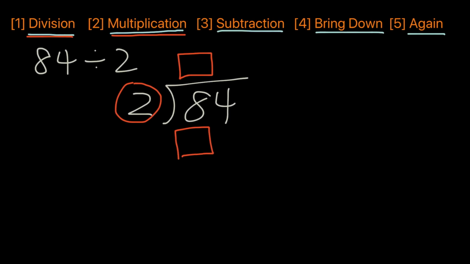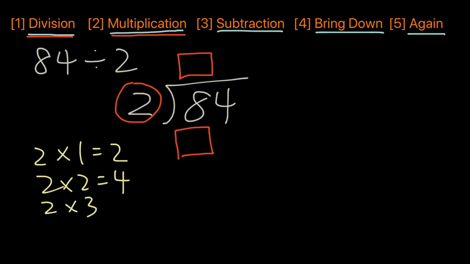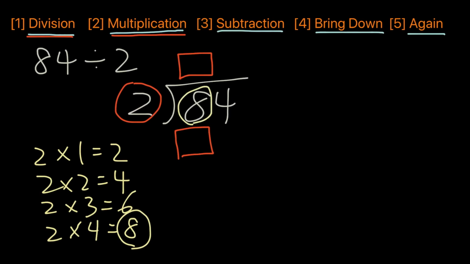So in our head we can go 2 times 1 equals 2, 2 times 2 equals 4, 2 times 3 equals 6, 2 times 4 equals 8. So we could see that the number 8 would be equal to this number 8 here.